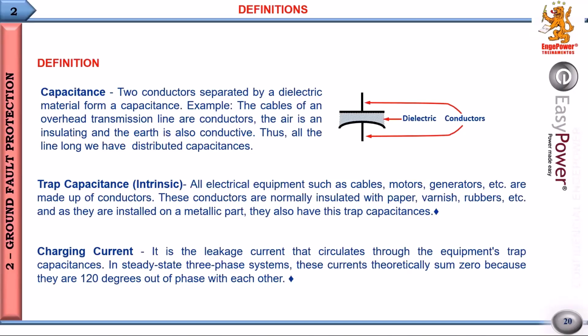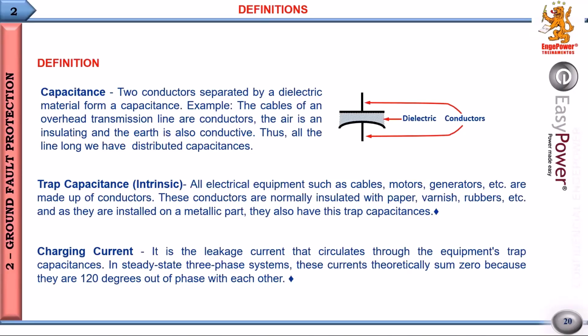So all electrical equipment is born with a capacitance. You cannot see it, it's not a capacitor. A capacitor is an equipment, but stray capacitance is something that really exists and is born naturally with the equipment.